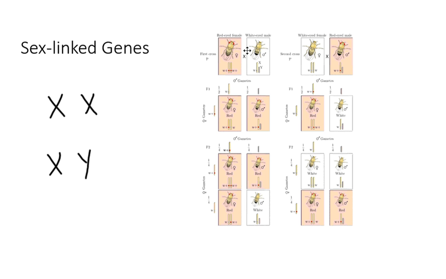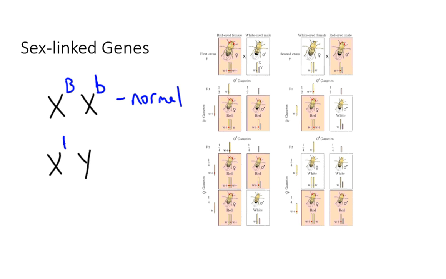And typically the way that we'll write this is, let's say the gene for color blindness, for instance. Well, the gene for color blindness is recessive. So a female can have a dominant and recessive allele for color blindness and not have the disorder because she has two alleles, one of them being dominant, so she's normal.